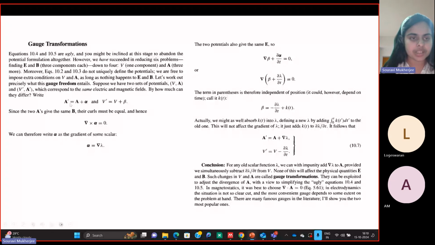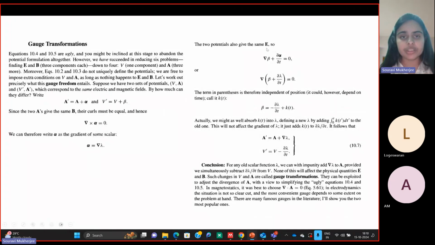So when we do a curl of A prime, curl of A prime should be equal to curl of A, so that the B remains the same. Which means that curl of alpha should go to 0. Now we know again that curl of gradient of a scalar quantity is 0. So one can in principle write alpha as gradient of some scalar quantity lambda. Okay. So this is a general form.